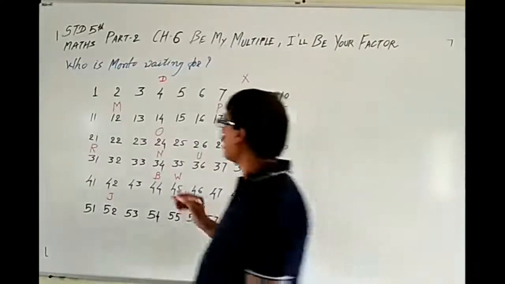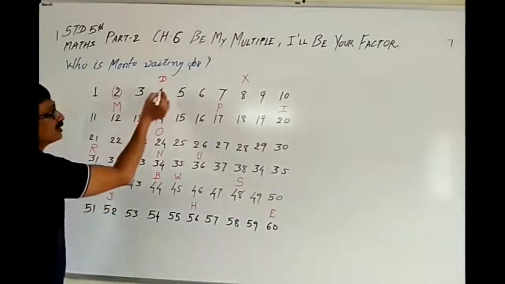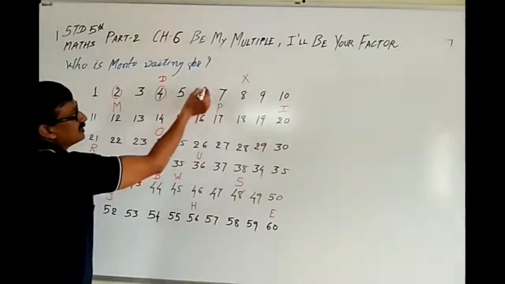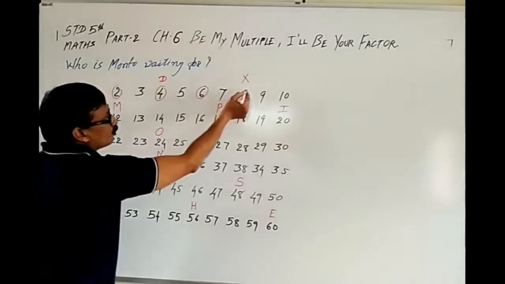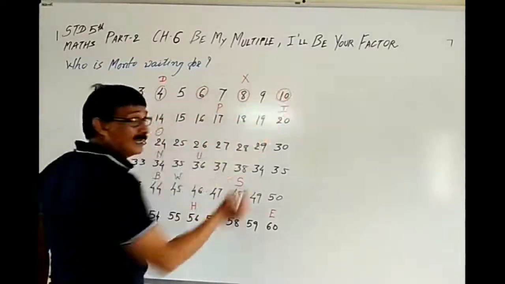So 2 ones are 2. 2 twos are 4. 2 threes are 6. 2 fours are 8. 2 fives are 10.